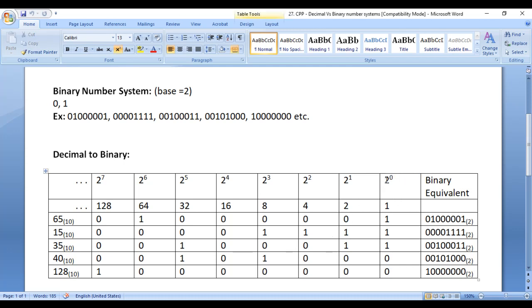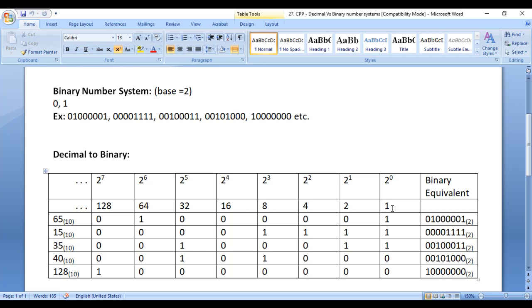You can see I have written 2 raised to the power of 0, 2 raised to the power of 1, 2 raised to the power of 2 and so on up to 2 raised to the power of 7, because the maximum number I have to convert is 128. 2 raised to the power of 7 is 128, so I stopped writing at 2 raised to the power of 7, guys. If you have any number higher than 128, maybe you need to write 2 raised to the power of 8, 2 raised to the power of 9 and so on.